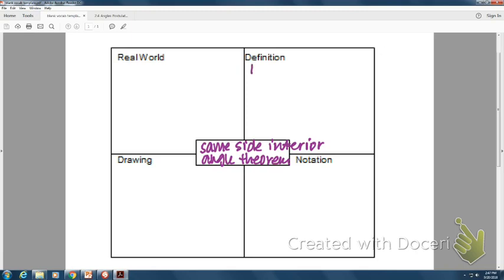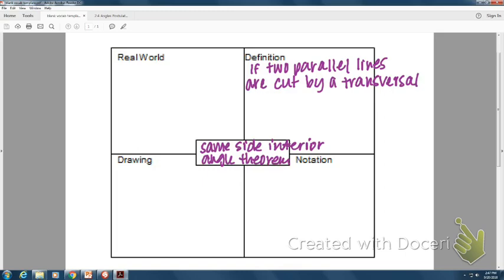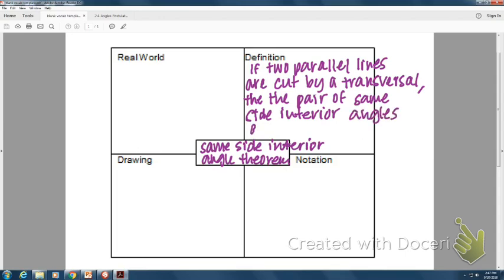Very similar. If two parallel lines are cut by a transversal, then the pair of same side interior angles are supplementary.